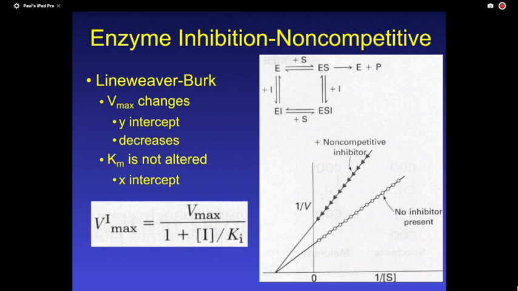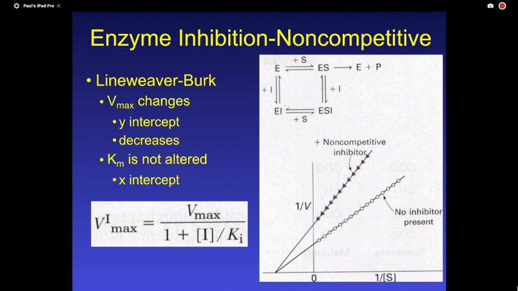But because the inhibitor does get in the way and slows down or lowers the stability of the transition state, the Vmax will change. All right? And so we said Vmax will change. It should go down. If you take a look at that, that's 1 over Vmax. So that represents a lower number than this.